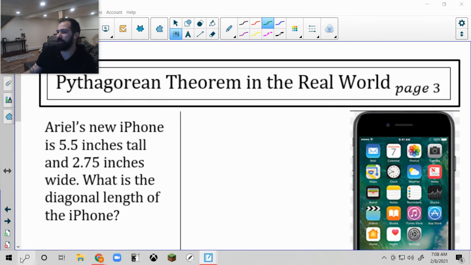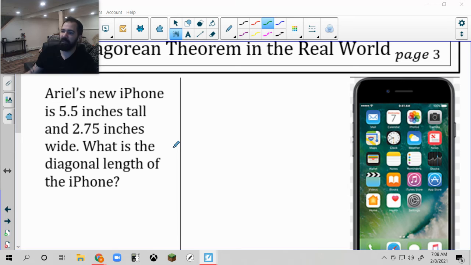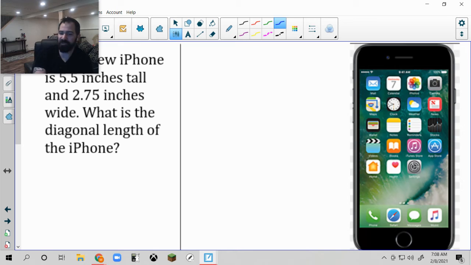We are looking at a phone here. Ariel's new iPhone is 5.5 inches tall. Let's look at our iPhone here, and it's 5.5 inches tall. So from here all the way down to here is 5.5 inches.